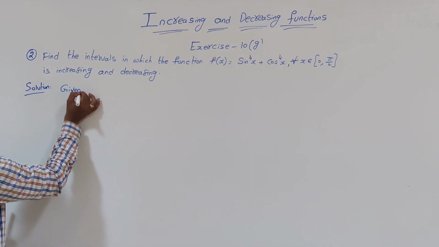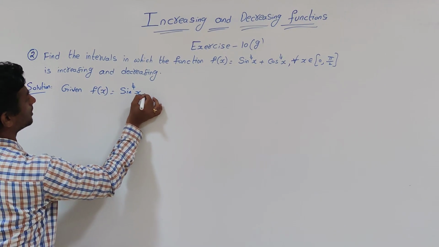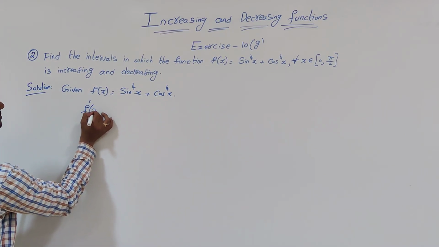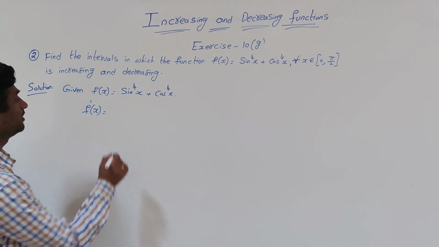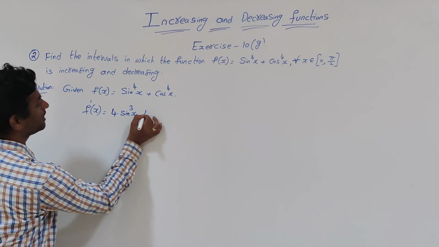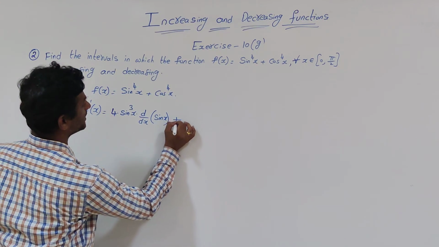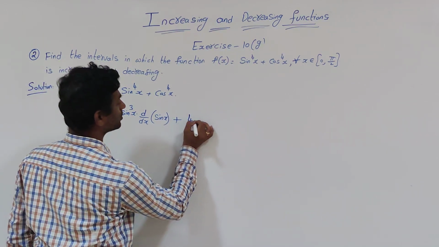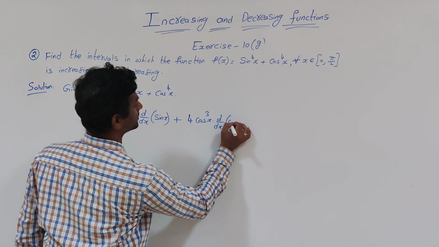So solution. Given f of x is equal to sin to the power of 4x plus cos to the power of 4x, and f dash of x will be what? Derivative of sin to the power of 4x will be 4 into sin cube x into d by dx of sin x, plus derivative of cos to the power of 4x, it is 4 cos cube x into d by dx of cos x.